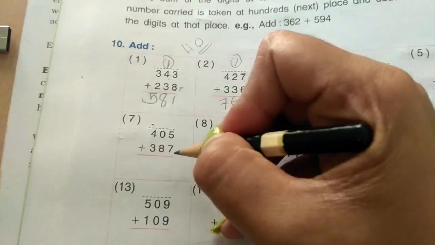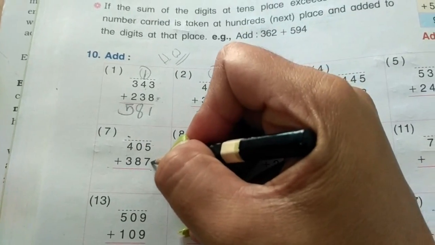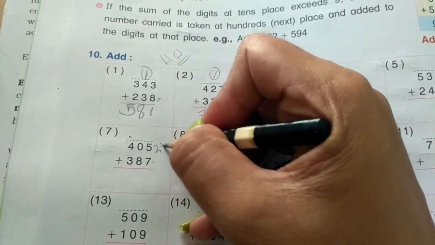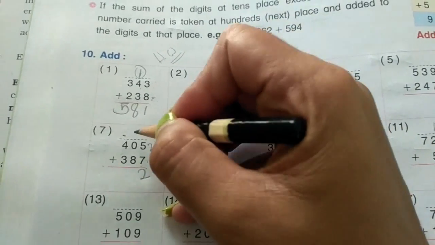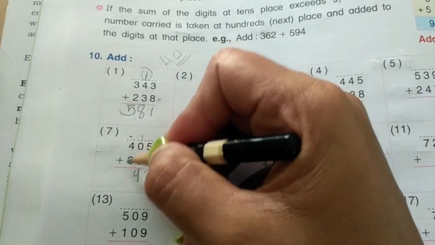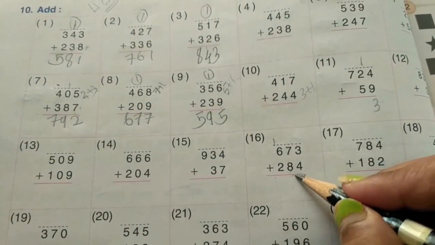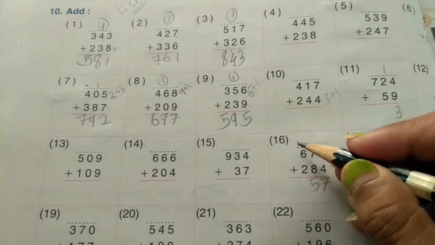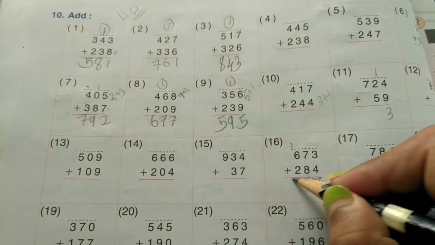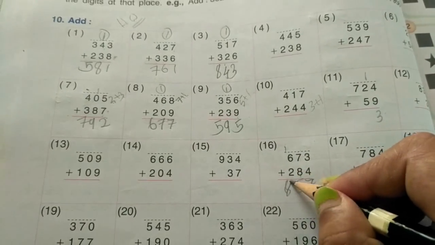7. देखो यहाँ पे 5 plus 7, 7 plus 3, 2 plus 3, 7 plus 3, 10 plus 2, 12, 2 carry 1. 8 plus 1, 9. 4 plus 3, 7. 7, 7, 14 plus 1, 15, carry 1. 6 plus 2, 7 plus 1, 8 and 9.